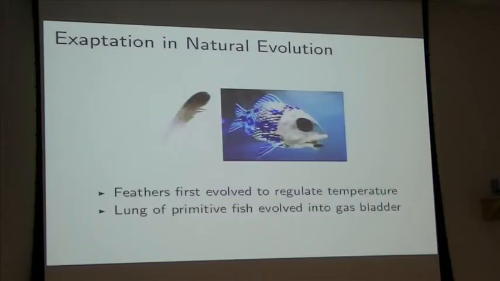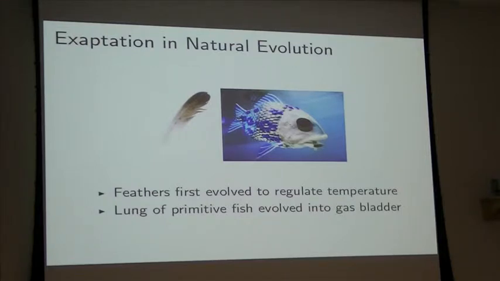And a similar idea works in natural evolution as well, in that natural evolution isn't driving towards some uber objective. Evolution generally accumulates structure that's advantageous for one purpose that later may be exapted for another purpose. So the feathers of birds, for example, first evolved to do something less ambitious than fly, which was to regulate temperature.